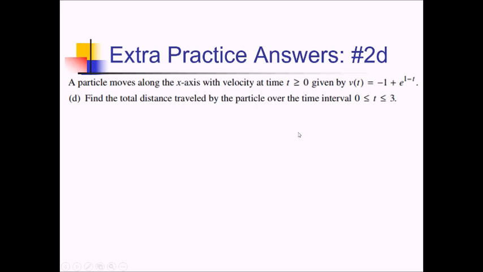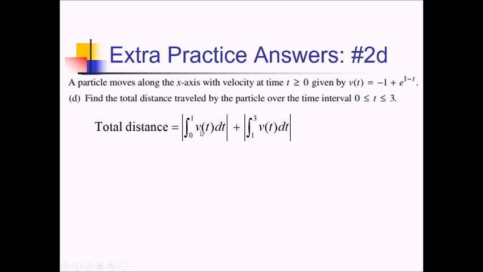Because of that, we have to take the integral from just 0 to 1 and add that to the integral from 1 to 3, and then we need the absolute value of both integrals to make sure we're not doing any negative distance. So I'm going to do the absolute value of the integral from 0 to 1 of velocity, v of t dt, plus the absolute value of the integral from 1 to 3 of velocity.